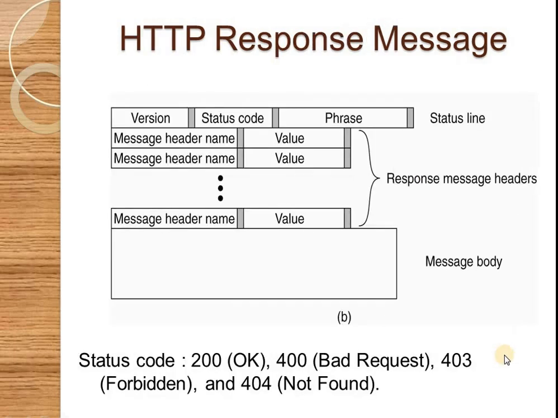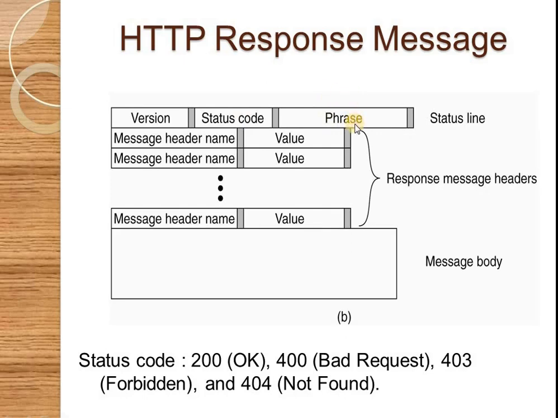HTTP response message. A response message starts with a status line containing the version number and also a 3-digit status code. The code is briefly explained with the textual phrase that is sent along as a part of the status line.